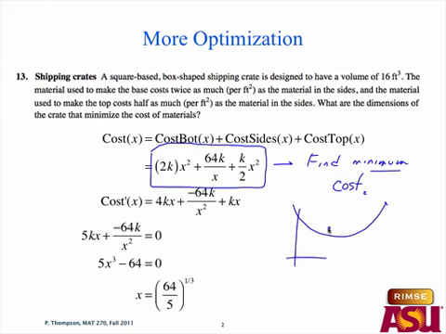So if this is something like this, who knows? I don't know what this is going to look like, but I'm just going to say that. So how can we use calculus to find this minimum cost? Lauren, how can we use calculus to find that minimum cost?